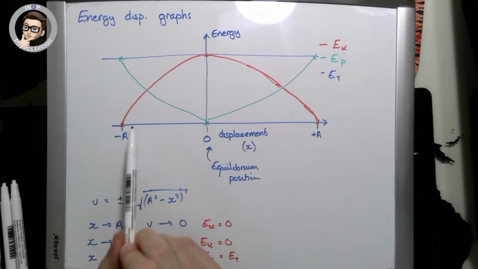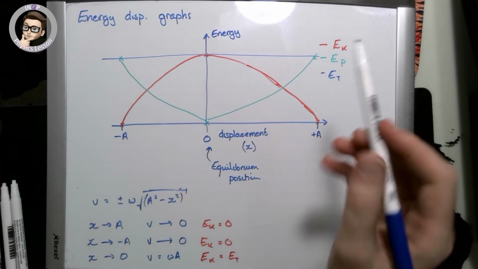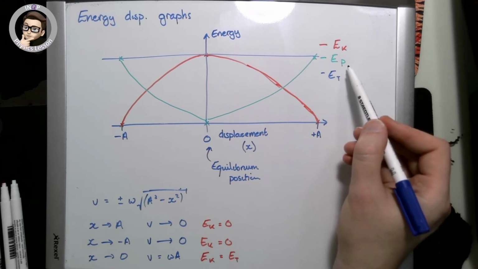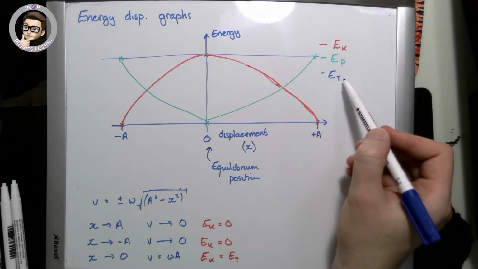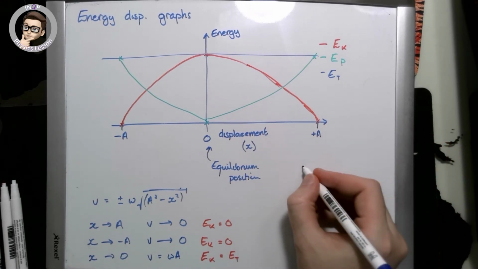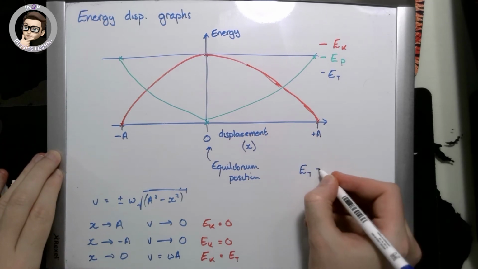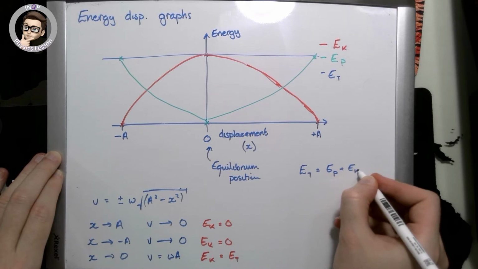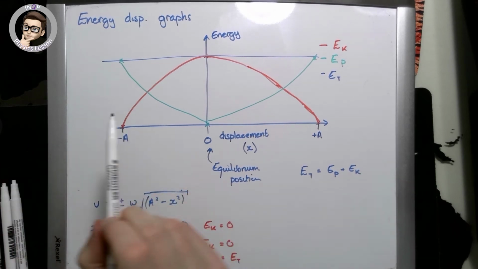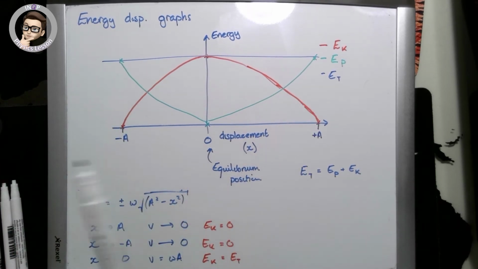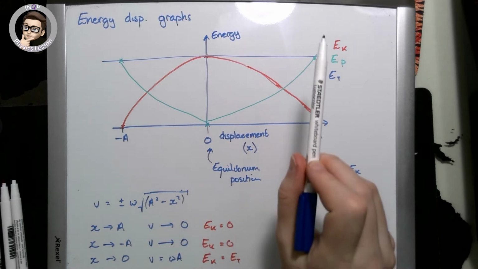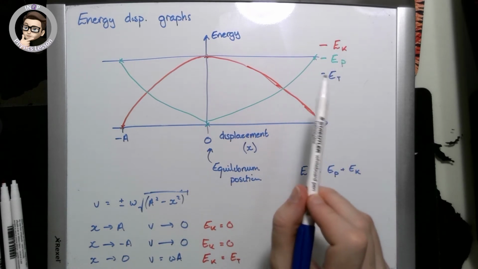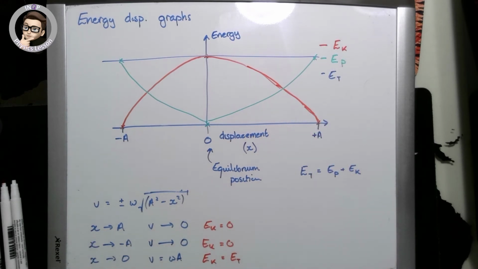So the summation of my kinetic energy and my potential energy is going to give me the total energy, which is what we kind of started with. So we're saying that ET is equal to EP plus EK. And at any point in this situation when we're in simple harmonic motion, these two things added together gives us the total energy.